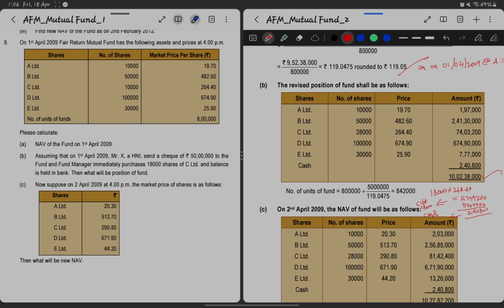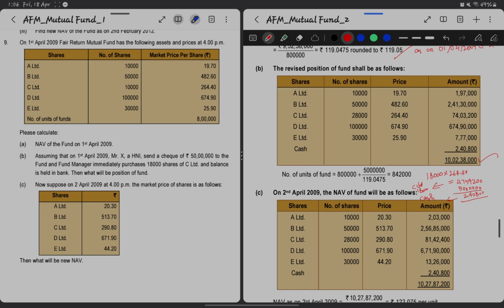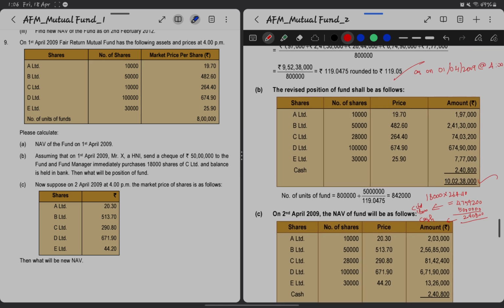Unless the market price of the shares increases, the NAV of the fund will remain the same even if new funds are introduced. Hence even if you calculate, 10 crore 2,38,000 divided by 8,42,000 comes to 119.05, same as the previous one, since there is no increase in market price.